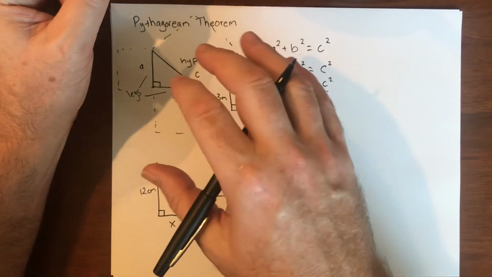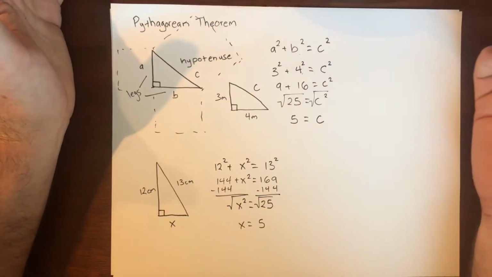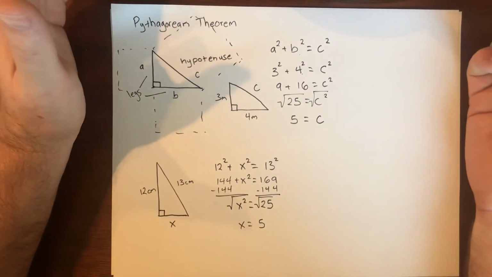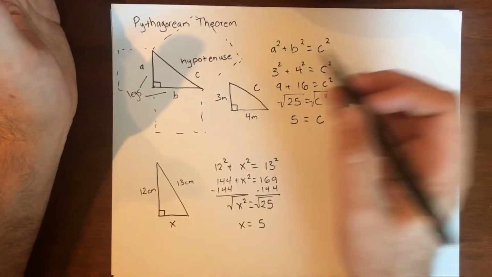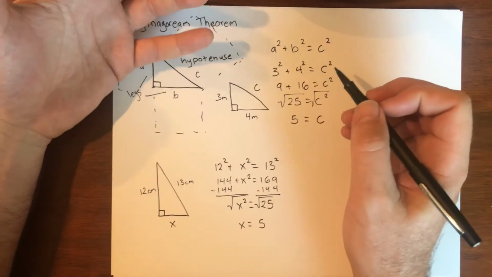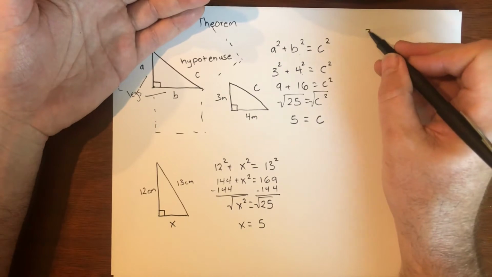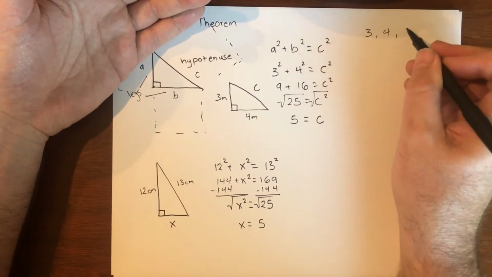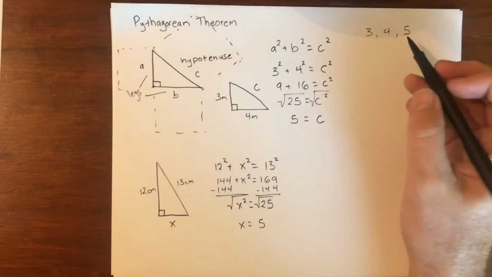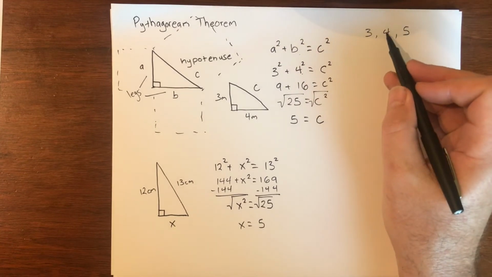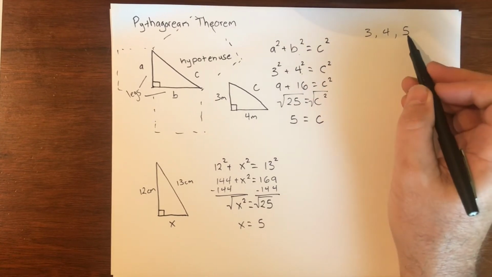There's a ton of them, perfect right triangles where each side length is actually a whole number. 3, 4, 5, right? So 9 plus 16 equals 25. That's what we're looking at here.